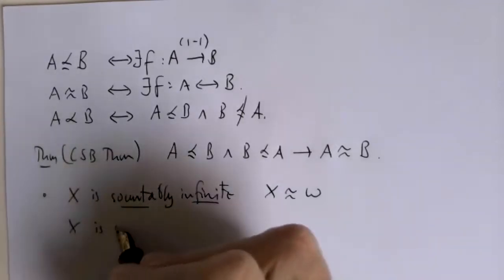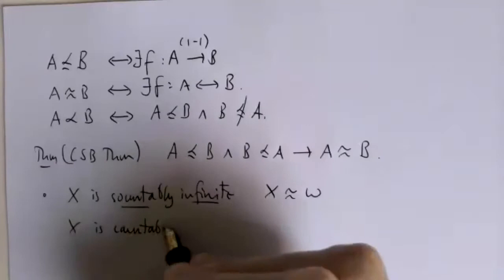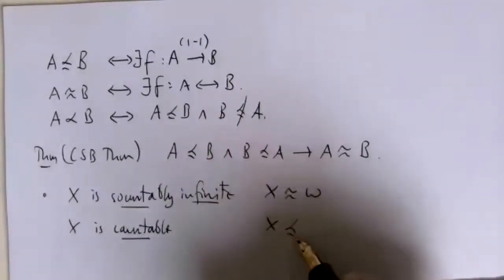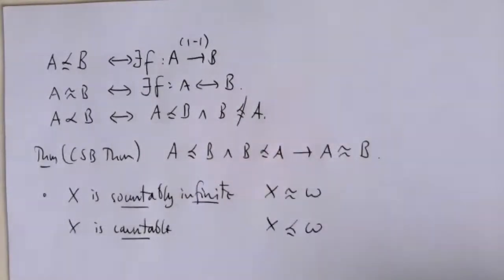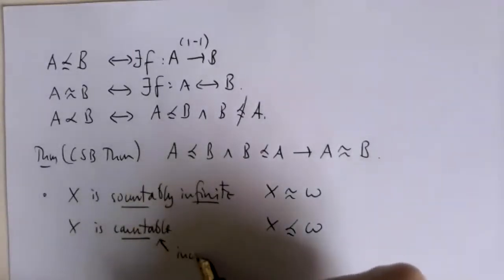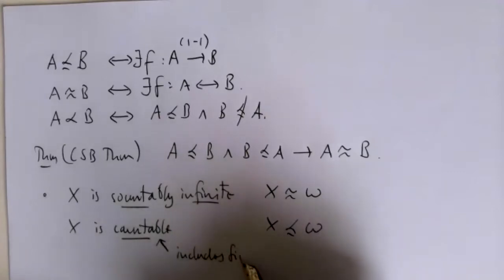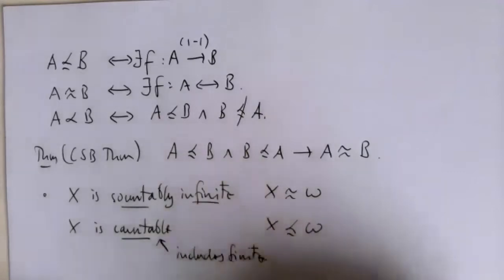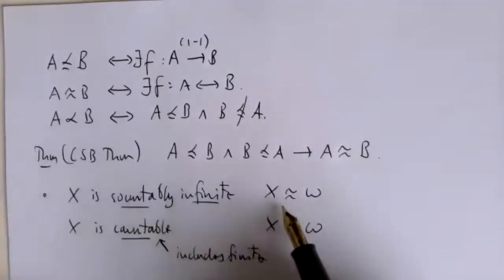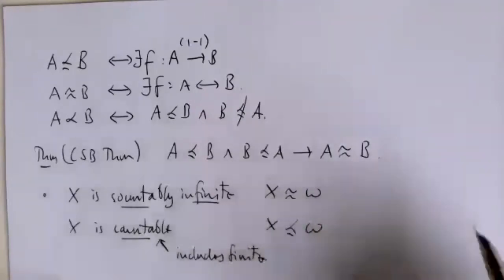We say X is just countable, so closely related, but don't get confused by it, means that I can one-to-one map X into omega. So countable includes finite. But countably infinite, of course, emphasizes the infinite part. It's bijective with omega.